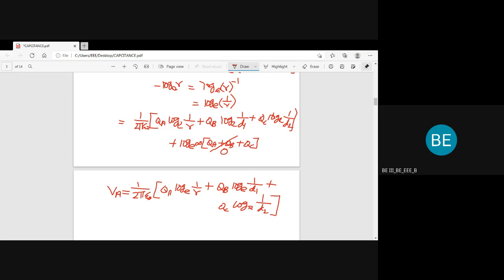Right? So this is the potential difference of conductor A to infinity.